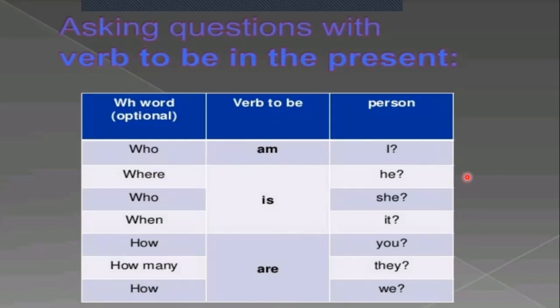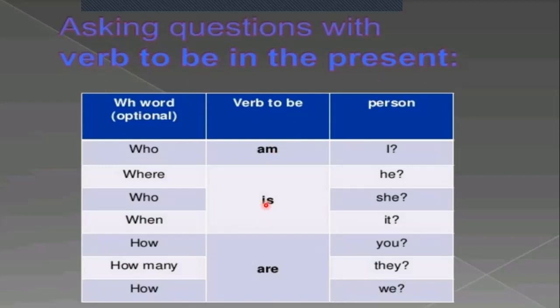Here we don't have any other verbs. This question consists of WH word plus verb to be: am, is, are. Because here we are talking about how to make a question with verb to be in the present. In present في المضارع. أنا هنا إزاي بعمل سؤال حبايبي في المضارع in the present. So we use verb to be in the present.